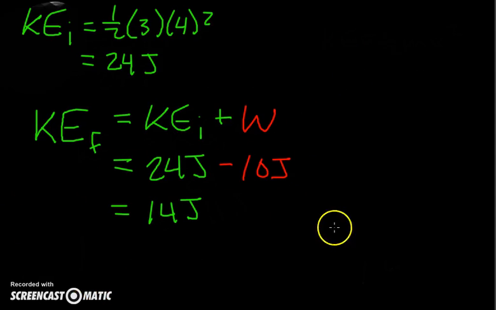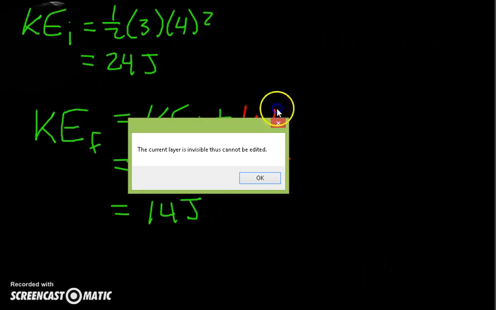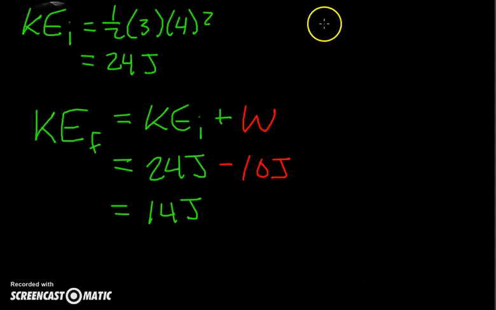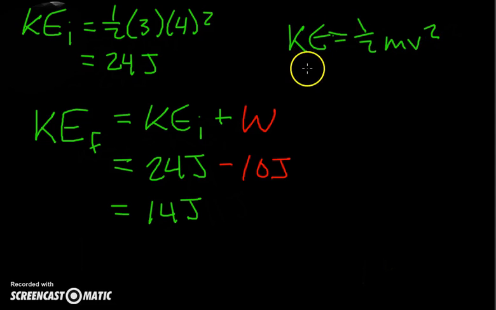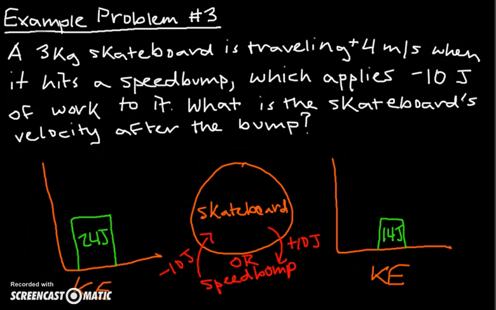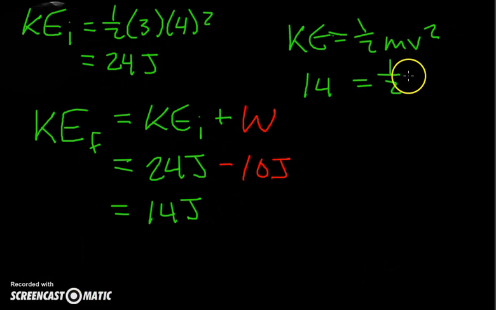So if our kinetic energy is equal to 1/2 mv squared, and we know that our kinetic energy is 14 joules, and our mass is, I believe it was 3 kilograms, yes, 3 kilograms. We can use this in order to figure out our velocity.